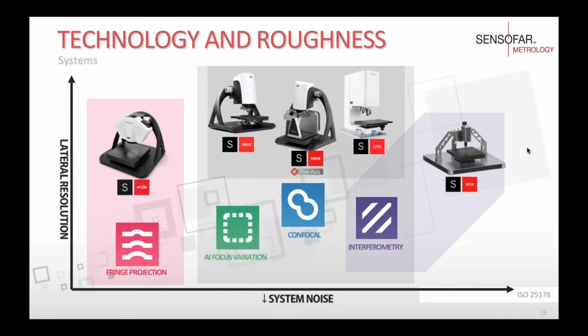Then with confocal and focus variation, we're going to be able to image nanoscale and microscale surfaces very well. And finally, the fringe projection technology, which is in the newest equipment that we have, the DSY, is going to be able to image sub-millimeter features.